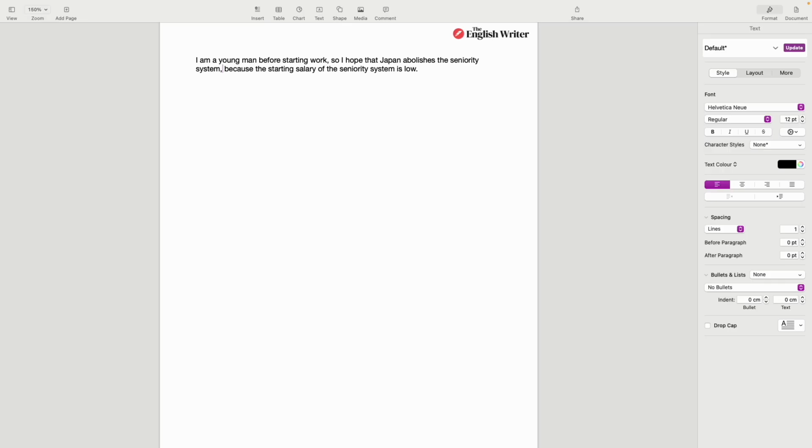Now, why did I move that comma? You may ask. It's because, as I explained, because the starting salary of the seniority system is low is a clause. Okay? It's the B clause. So it's one and it's joined together. Okay? So let's get rid of that and get another one.